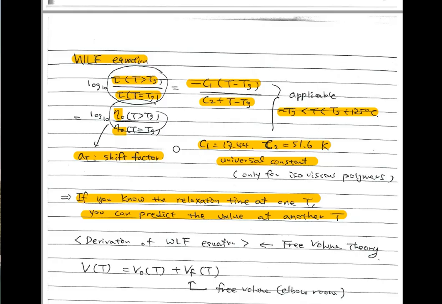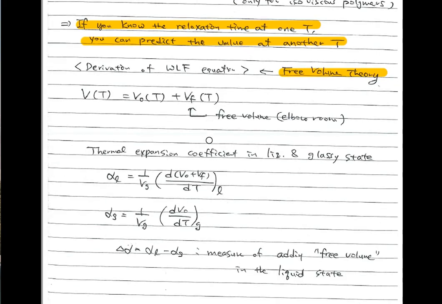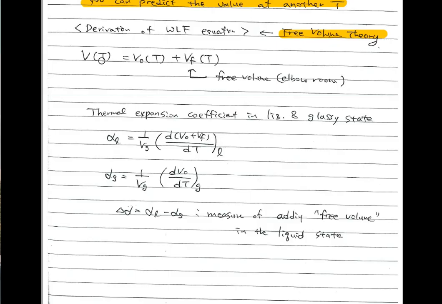So this is just a result, and we want to derive this equation based on free volume theory. So let's do that. Remember that based on free volume theory, total volume is equal to occupied volume plus free volume.